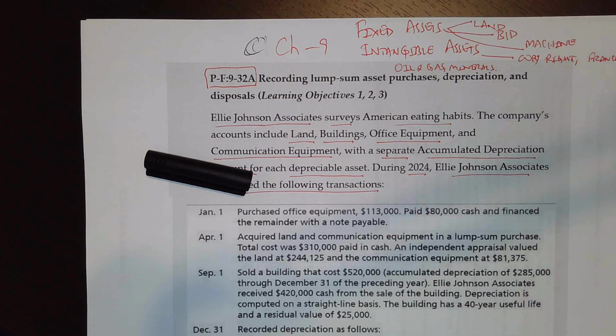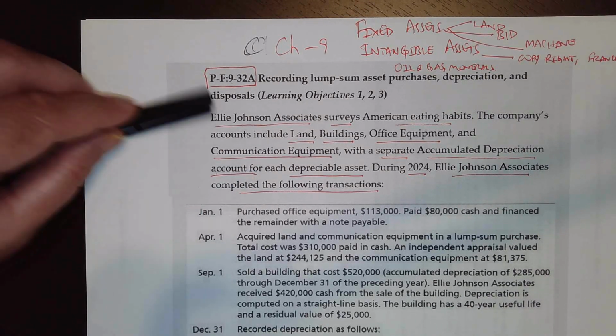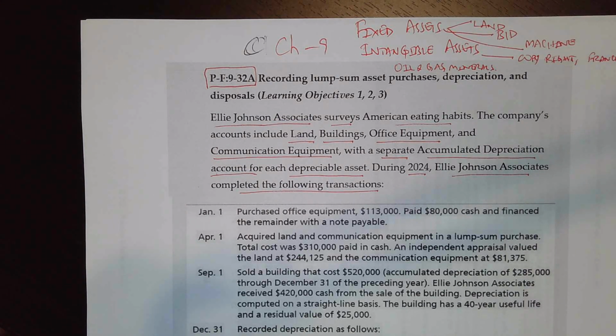So in this question, a company has accounts including land, building, office equipment, and communication equipment, with a separate accumulated depreciation account for each depreciable asset. As you know, land is the only asset that we do not depreciate. The other assets, such as building, office equipment, and communication equipment, will be depreciated.